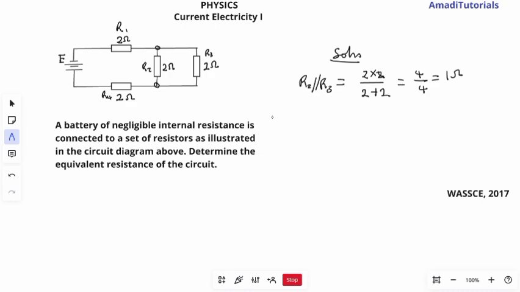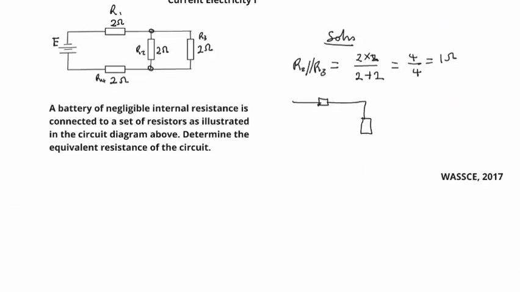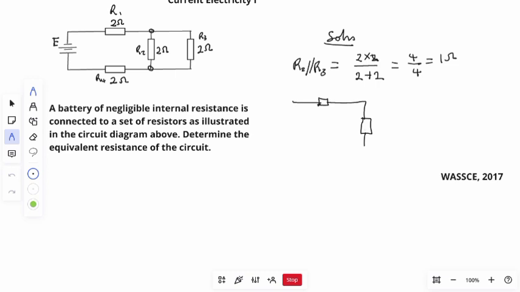So if you are to redraw this circuit now, this is what it will look like. R1 there, and then comes down. Now this is R2 and 3. So this circuit then becomes this.